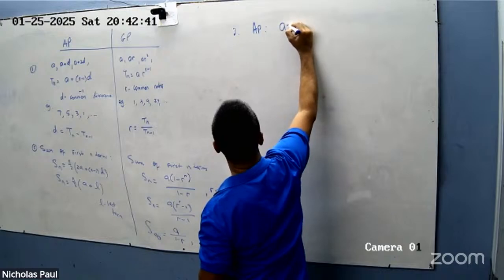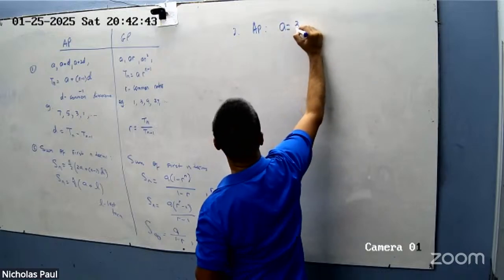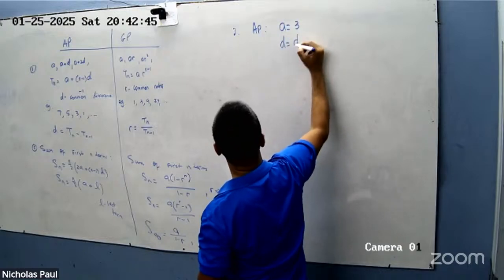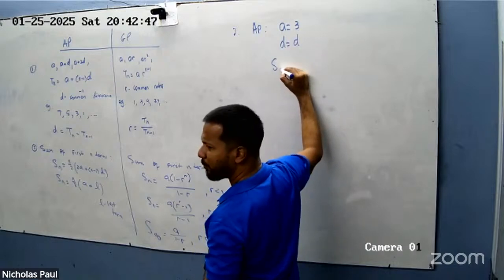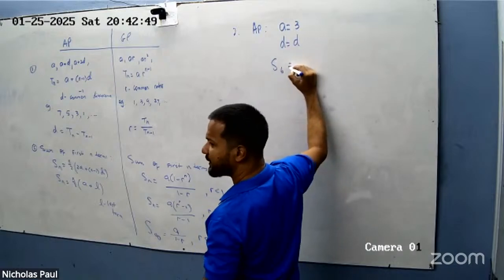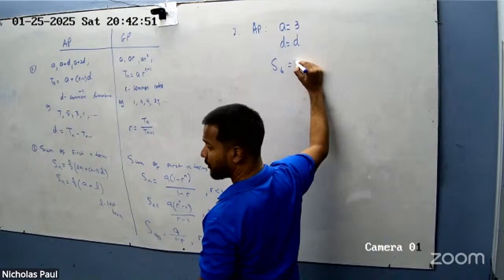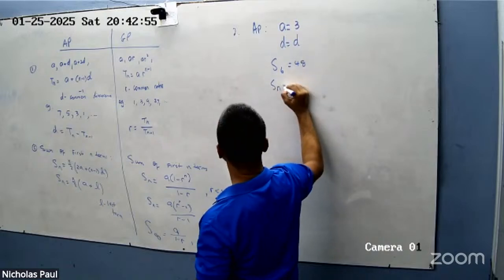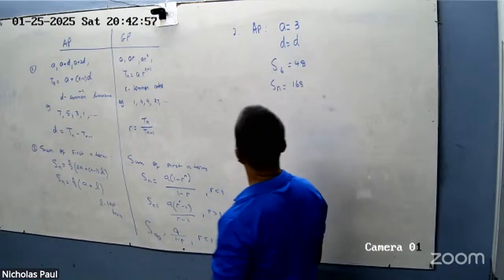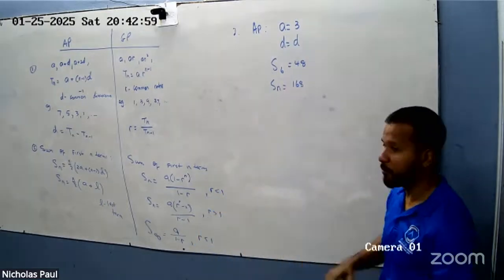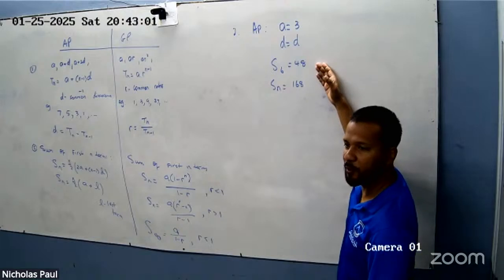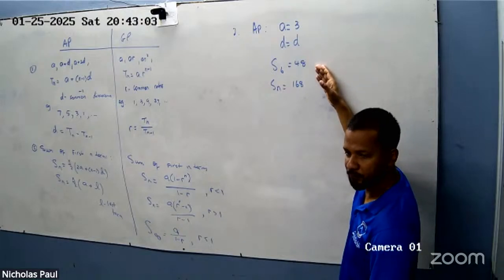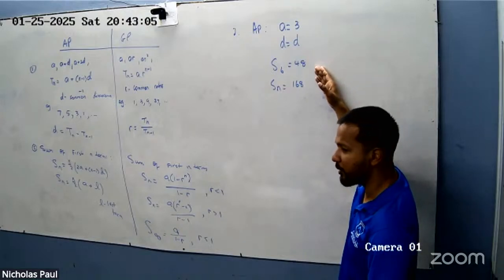First term 3, common difference D. Sum of 6 is 48. And sum of N is 160. So more than likely, what's the equation we're going to use? What's the equation we're going to use, Adrian?